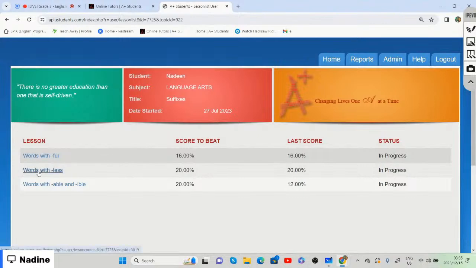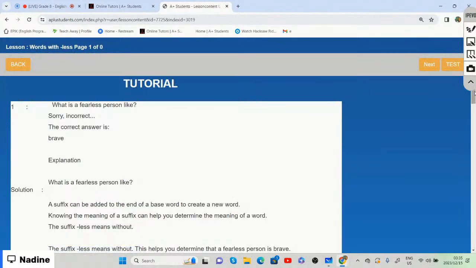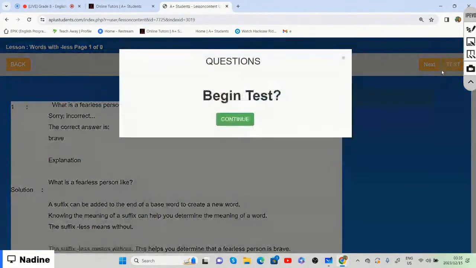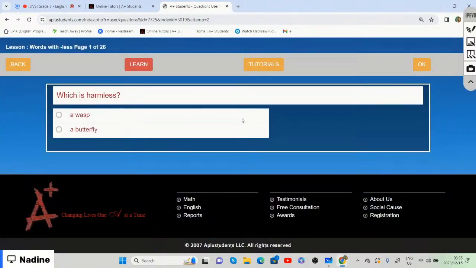Let's first go to our test with less. Which is harmless? Harmless. Sorry, harmless.